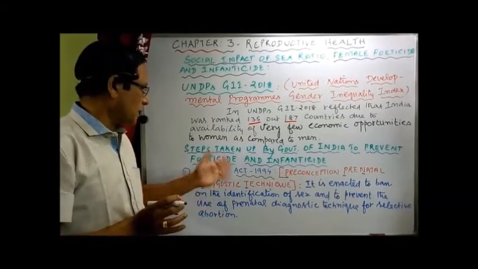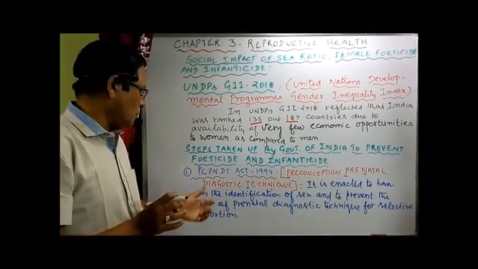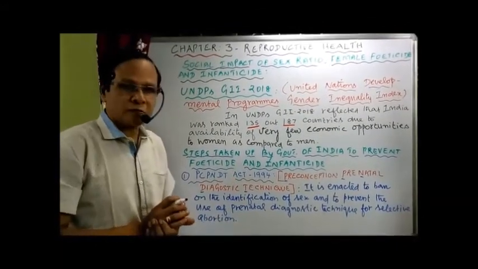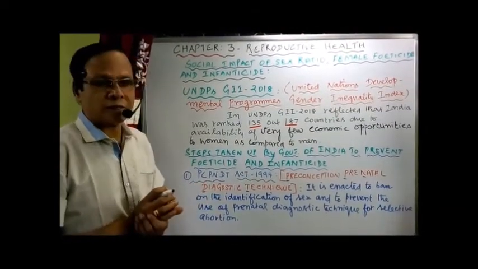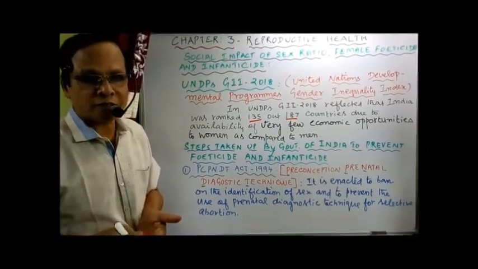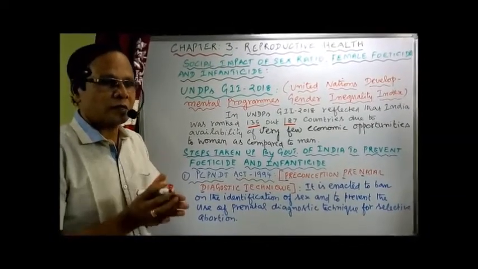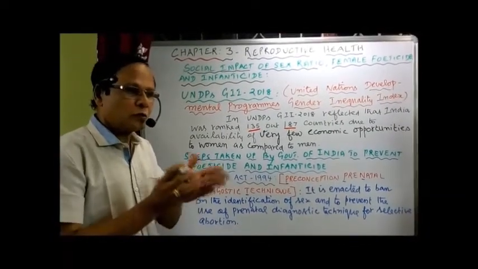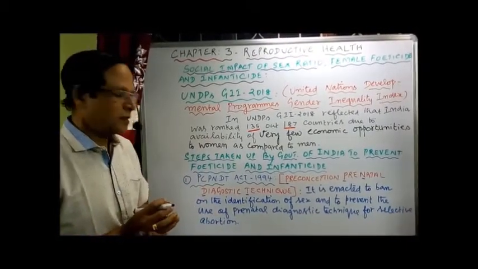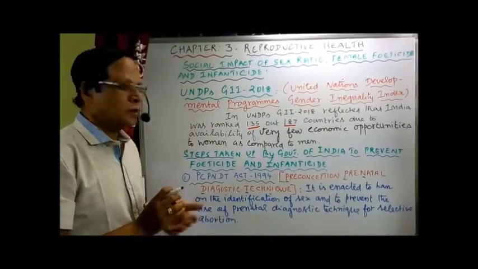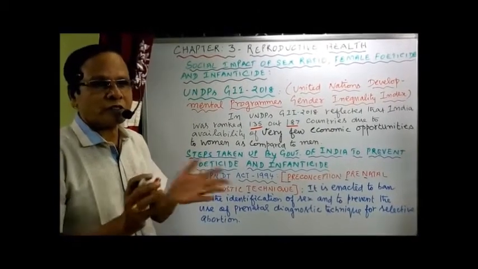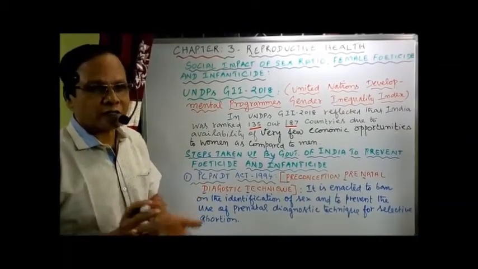So the act was enacted to ban the identification of sex and to prevent the use of prenatal diagnostic techniques, nothing but amniocentesis, to know the sex of the baby. Once it is known, they do female feticide. The government enacted this rule to prevent female feticide or infanticide.